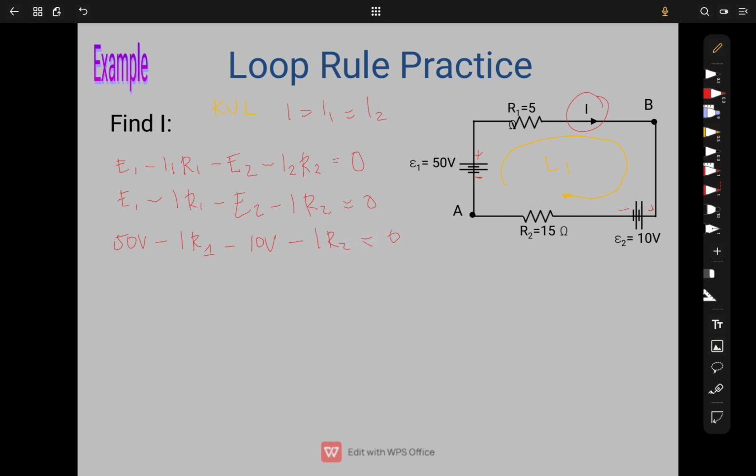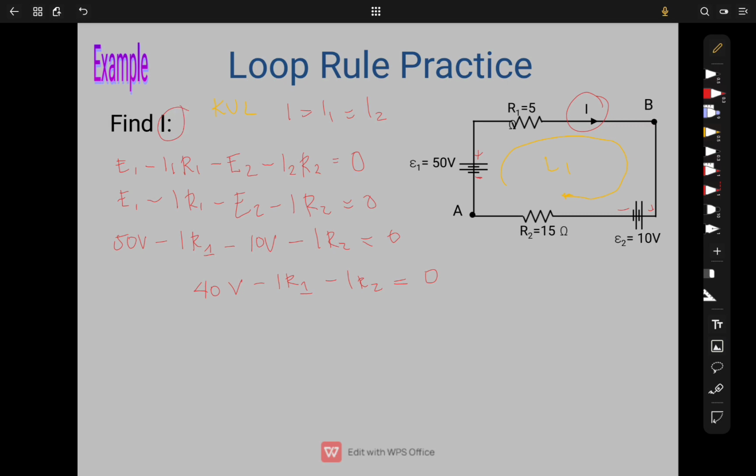And then, combine like terms tayo. So, we have 50 minus 10, we got 40 volts minus I R1 minus I R2 is equal to 0. And then, we can transpose yung ating IR1 minus IR2. Kasi nga, pinapanap sa atin is yung ating I, right?